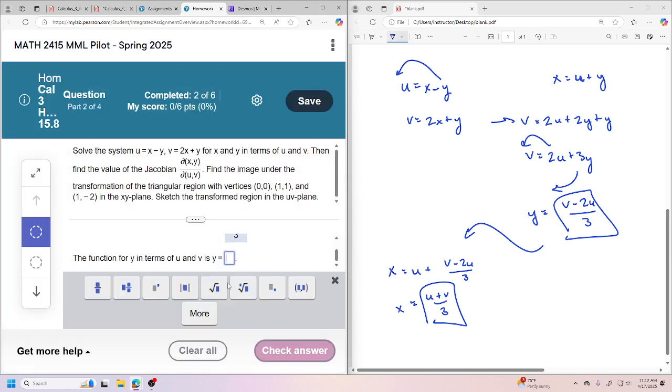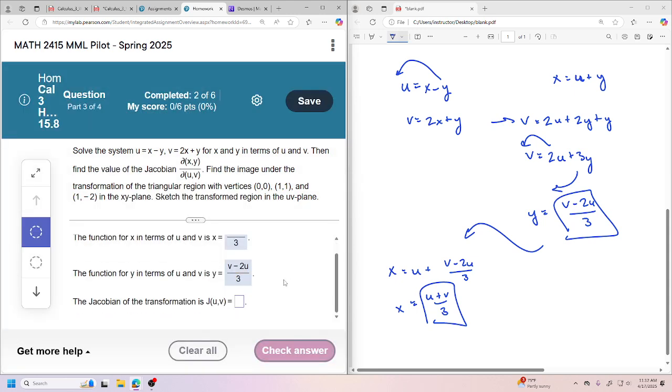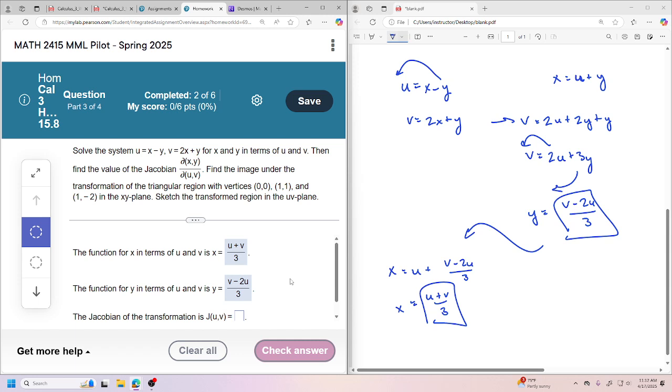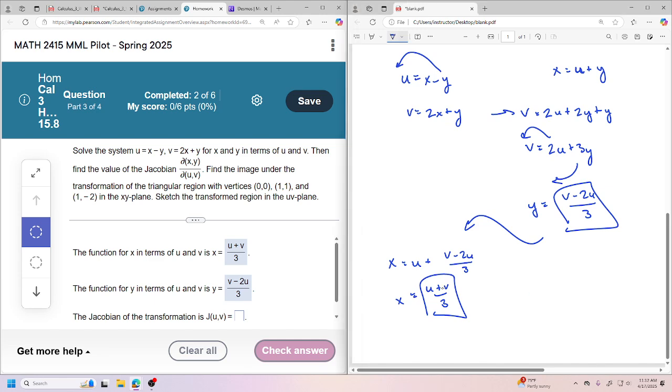Cool. Oh, and then I have to find your Jacobian. But I'll pause for a second, just make sure. Are you good with that? Yeah. The Jacobian is xu yv minus xv yu.